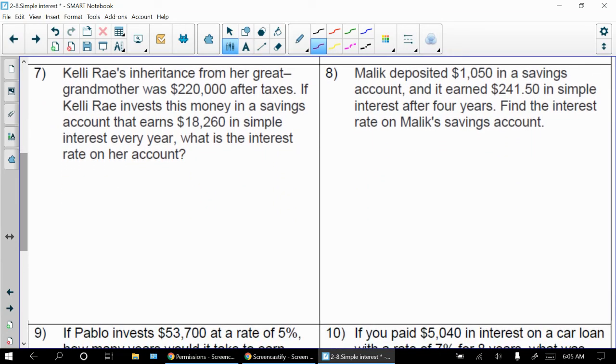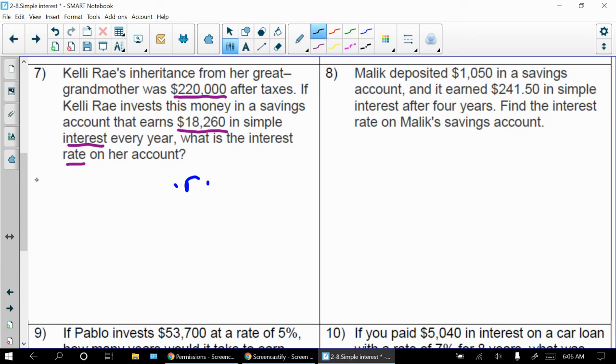All right, number 7, Kelly's inheritance from her great grandmother was $220,000 after taxes. If Kelly invests this money into a savings account and earns in simple interest every year, what is the interest rate on her account? So this time we're looking for rate. So whatever rate is, we got to fill it in. Okay.